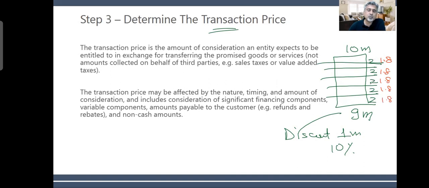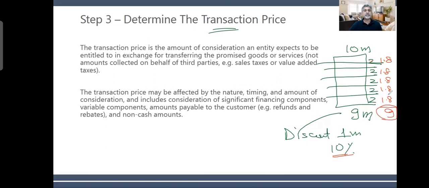Because these are equal, you need to do it proportionately. If it is 3 million, you should give 10% of 3 million, which means 300,000. Because these numbers are the same, these numbers also become the same. Otherwise, if these numbers had been different, I would have given 10% on each one of them. So it makes 9 million.